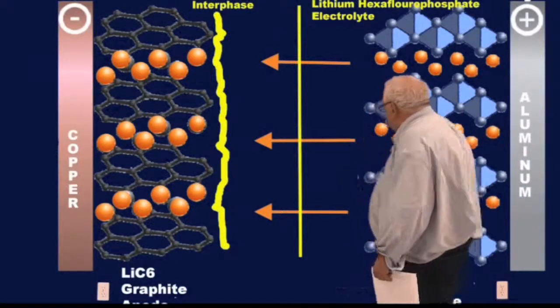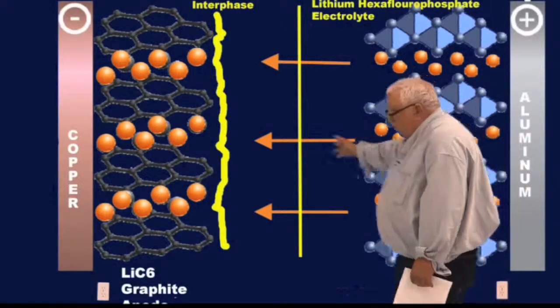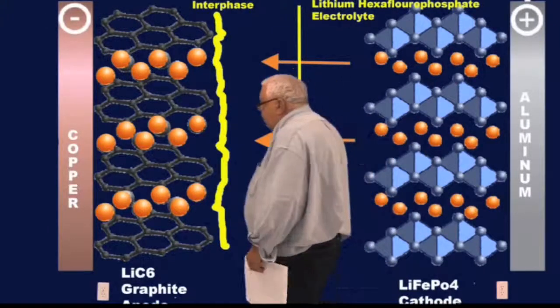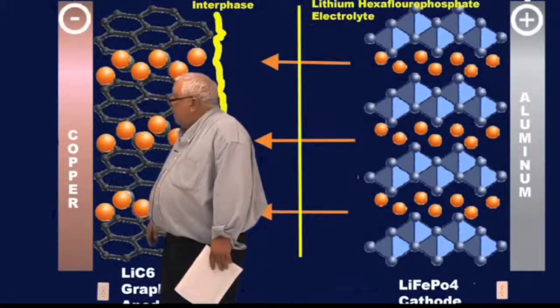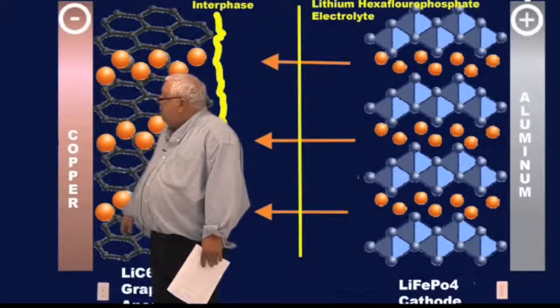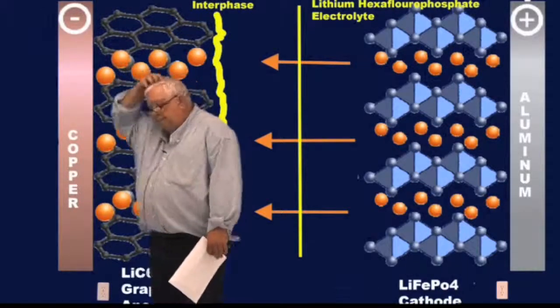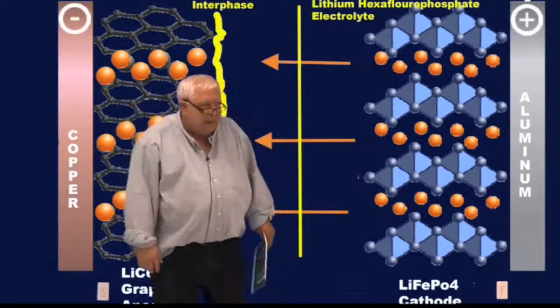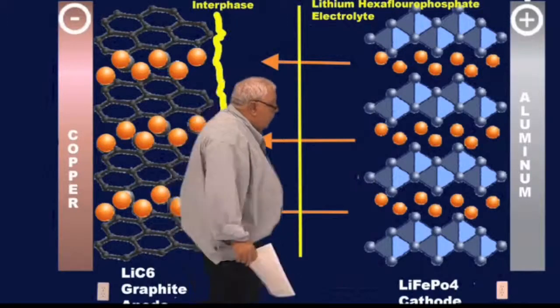And so our lithium ions go back and forth, carrying charges, actually in support of the external flow of electrons. And that's how we store energy and how we release energy.